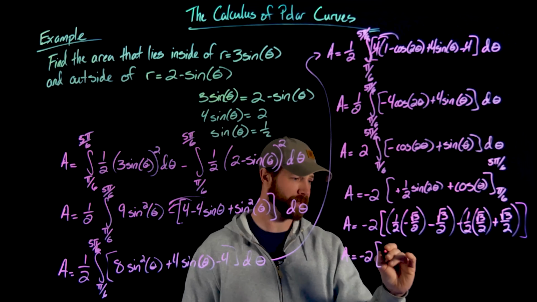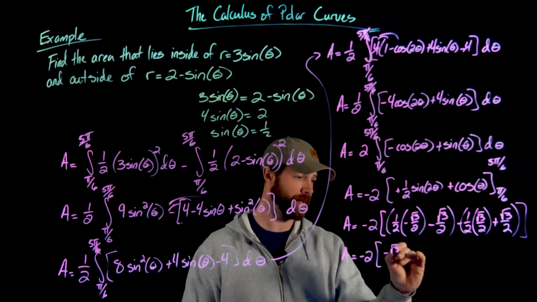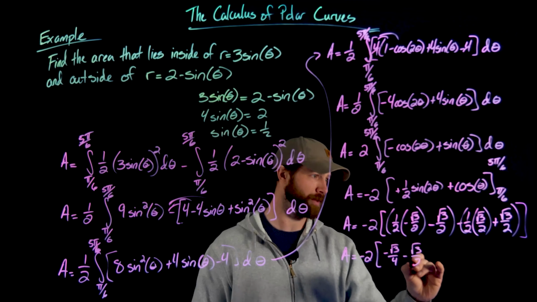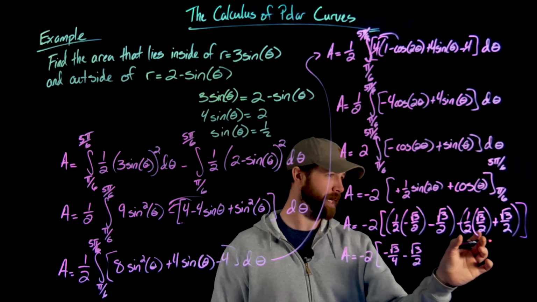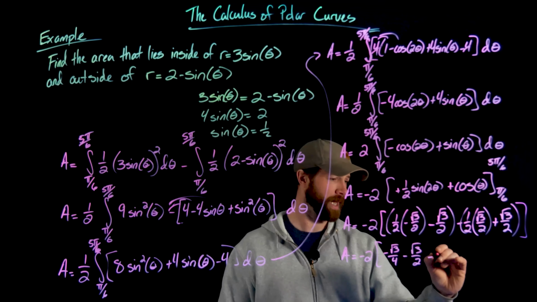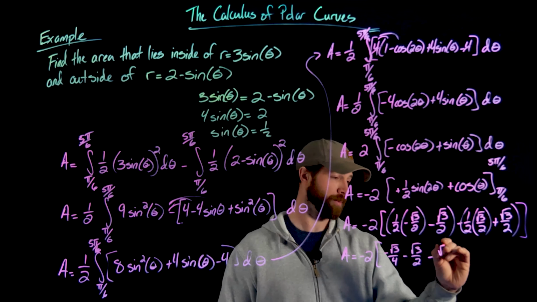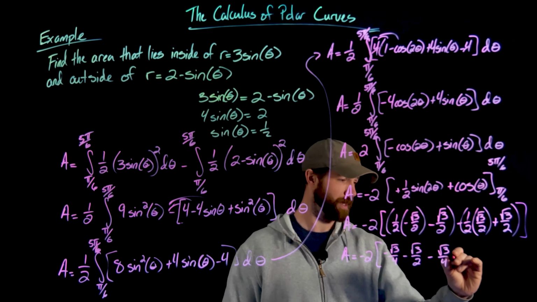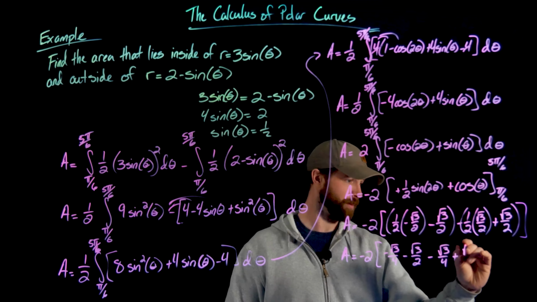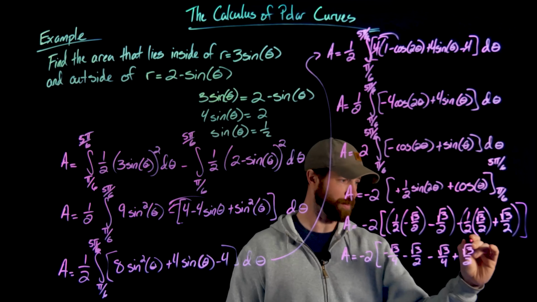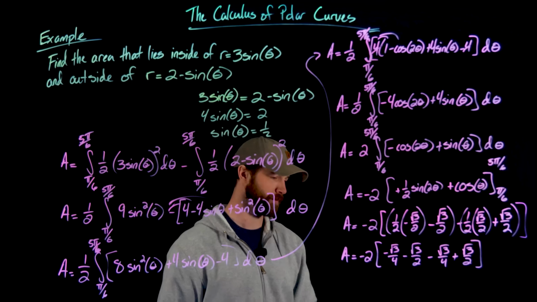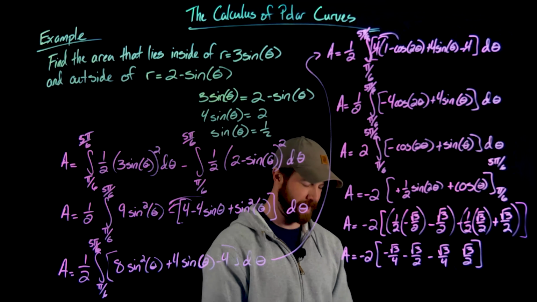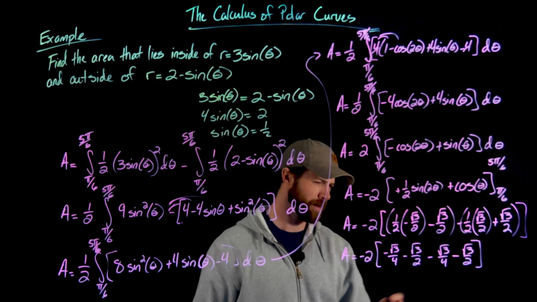Then this becomes negative root 3 over 4 minus root 3 over 2. This term right here will give me negative root 3 over 4, and this is positive root 3 over 2. And excuse me real fast, that's actually a minus because that negative gets distributed right there.